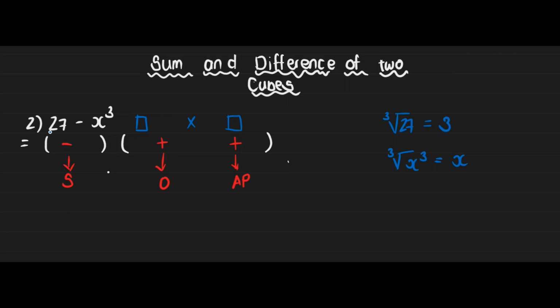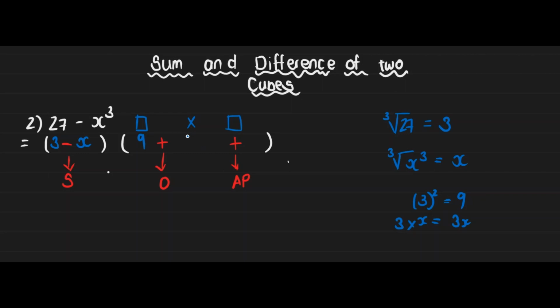So in our case, 27. When we find the cube root is 3, and here it's going to be x. So here we need to square the first term, which is 3. So it's going to be 3 squared, which is equal to 9. So 9 comes here. Then the second one is 3 multiplied by x, because we need to multiply. So it's going to be 3 multiplied by x, which is going to give us 3x.